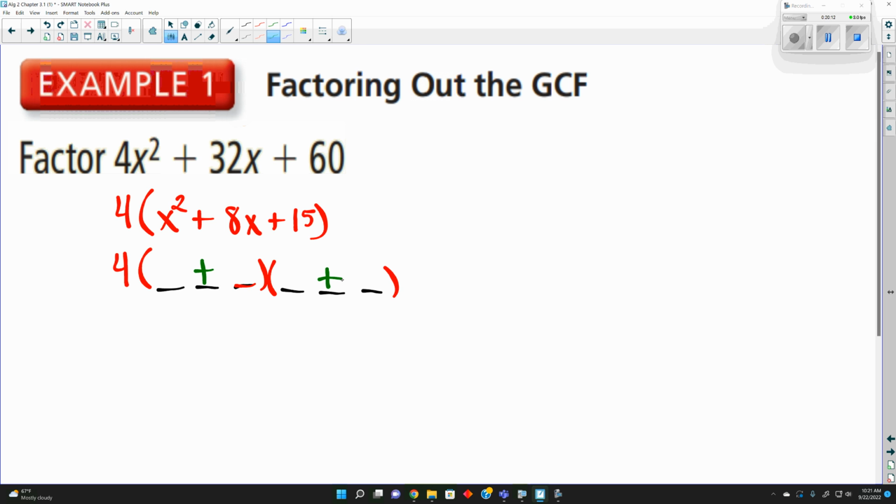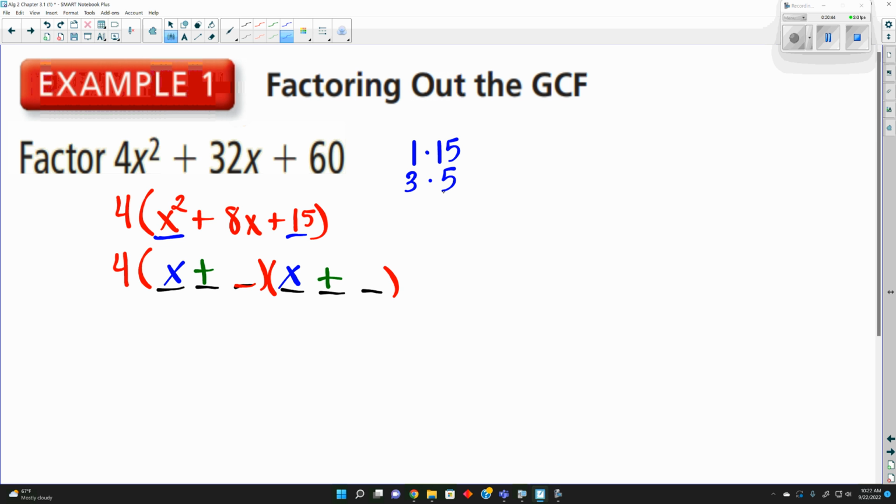The next step is to find the factors of the first and third terms. So the factors of the first term are factors of what? X squared, yes? Well, there's only one set, correct? They're what? X and X. Now we need to find the factors of 15, where there's 1 and 15 and 3 and 5.